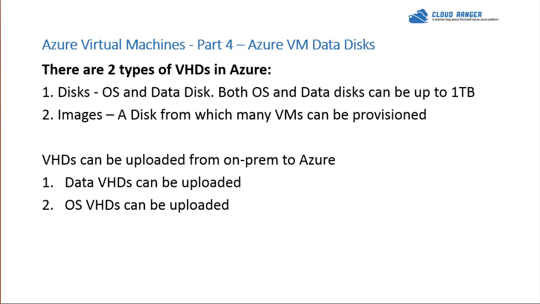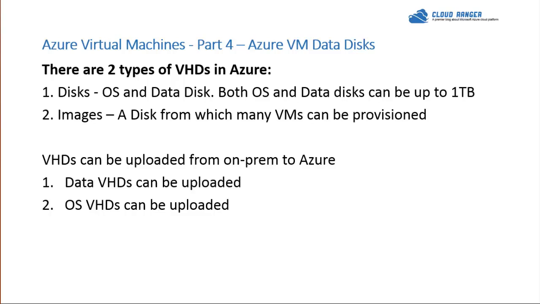VHDs can be uploaded from your on-premises environment to Azure. Like I said earlier, you are going to be in an environment which already has everything established. So chances are that someone is going to come and tell you, "Take this data VHD that's on-premises, attached to a virtual machine, upload it to Azure, and attach it to a virtual machine you have created there."